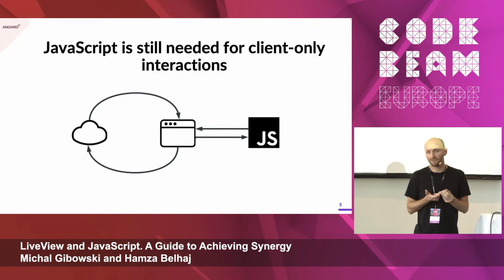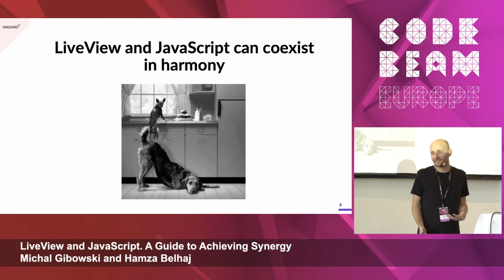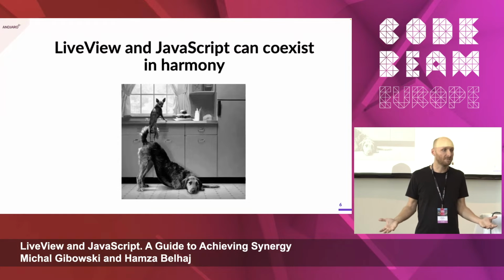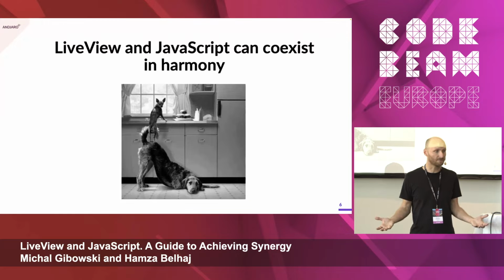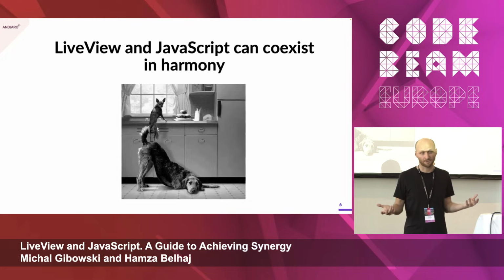You could do a round trip for that. But if your user lives on another continent, the latency would be very noticeable. So that's not always the best way to do it. So JavaScript is kind of there to stay. And actually, it doesn't have any conflict with LiveView. We can bring both technologies together. And in this talk, we will explore how to do it.